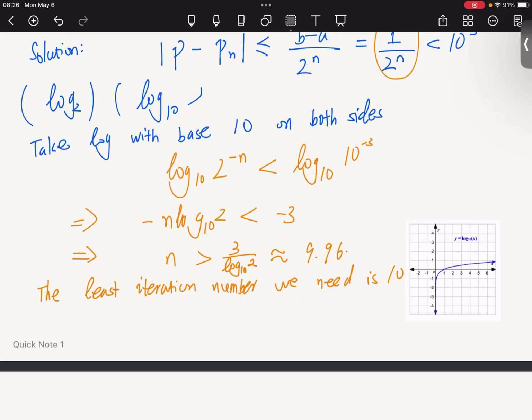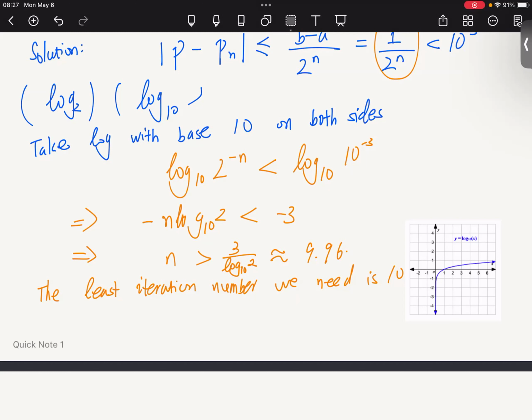Does it make sense? It does not change the sign, because if you have a smaller value here, let's say 1 is smaller than 2 on the x-axis, then when we take the logarithm, the value at 1 on the blue line is smaller than the value at 2 on the blue line as well.